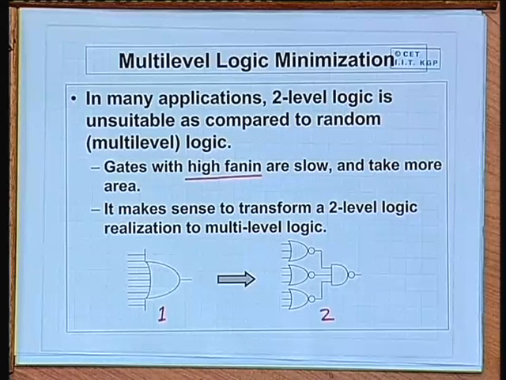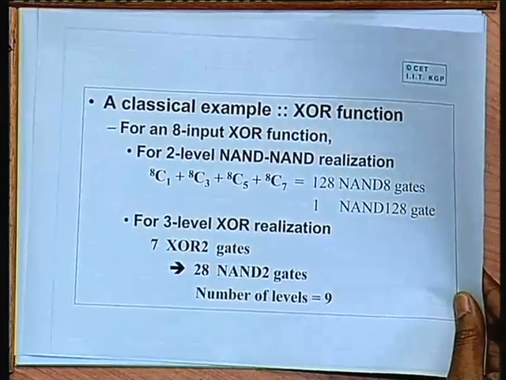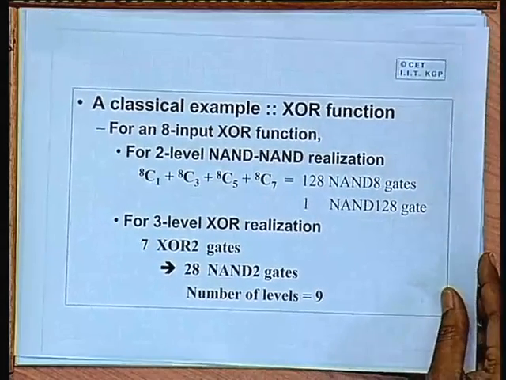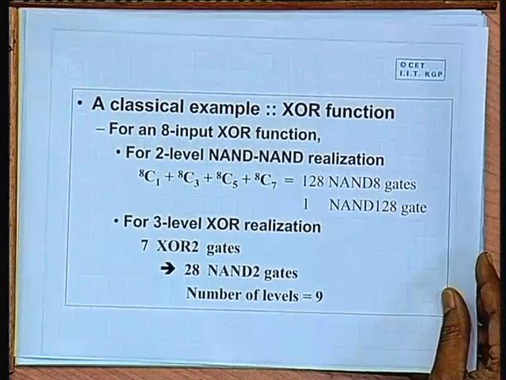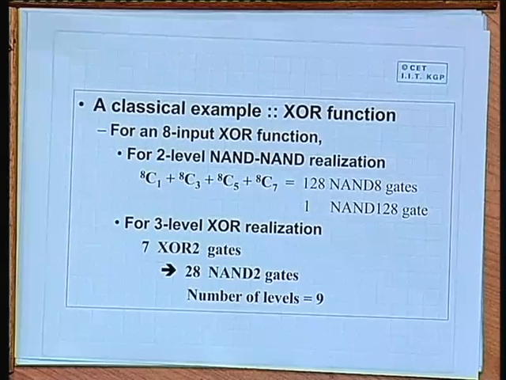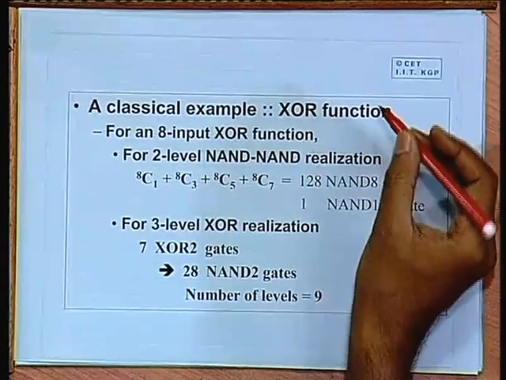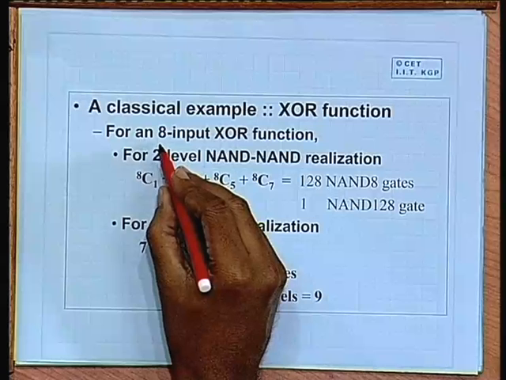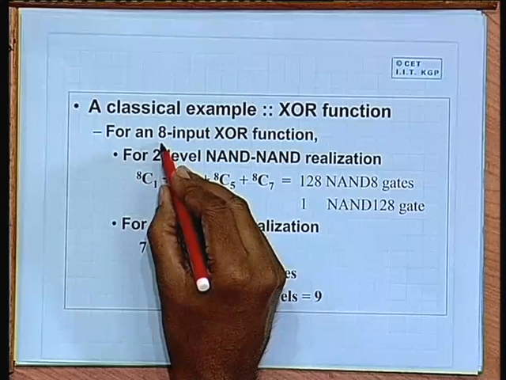Well, another case is, as I said, that for some kinds of logic, multi-level minimization may prove to be expensive. So let us take one example of that category. That example is the XOR function. Let us just take an 8 input function.